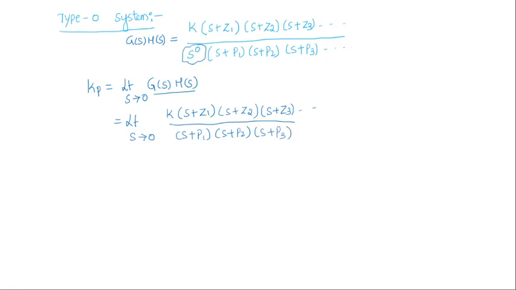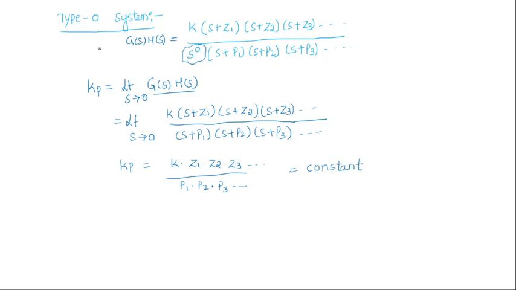So substitute s equal to 0 in this equation. Then we will get Kp equal to K into z1 z2 z3 by p1 p2 p3 and so on. So this value is the constant value.